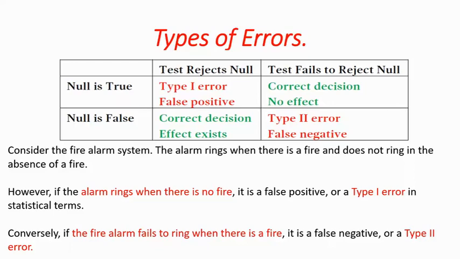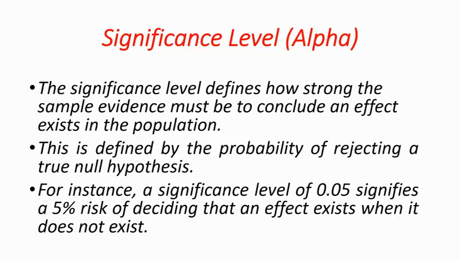Conversely, if the fire alarm fails to ring when there is a fire, this is a false negative situation, and we call it a type 2 error statistically. These concepts are very simple, and the next term is the significance level. We will get into more details on these topics later.